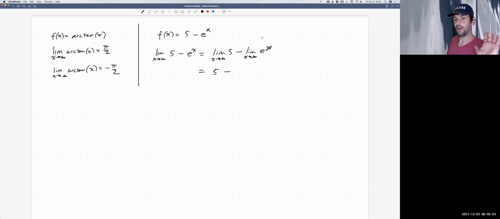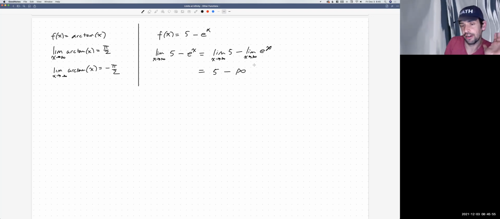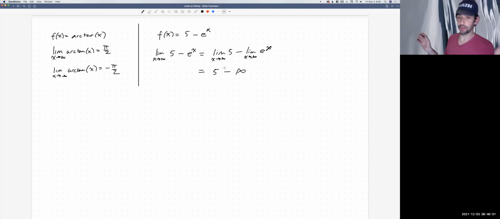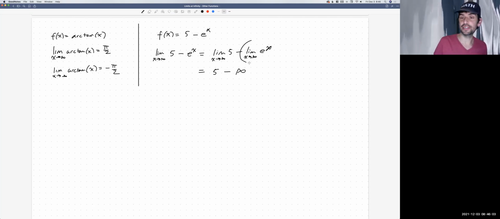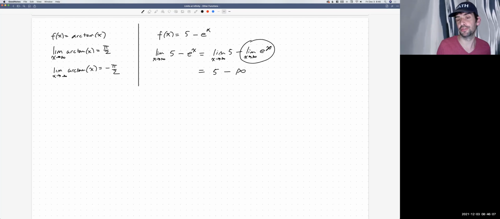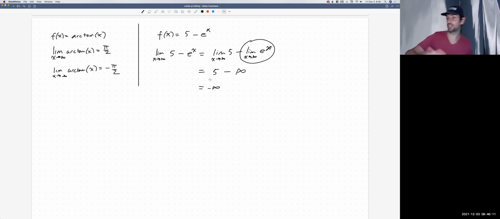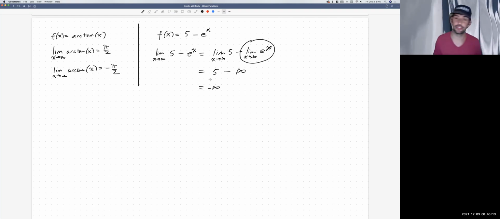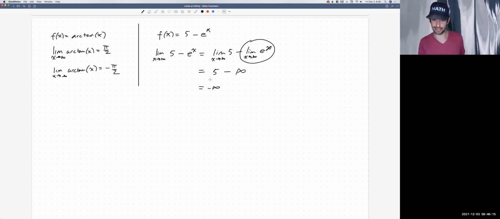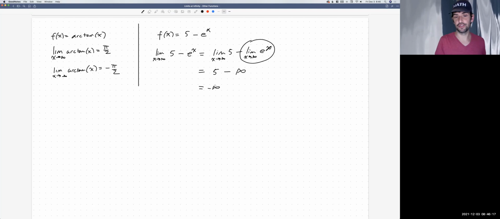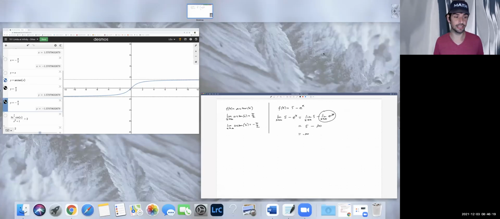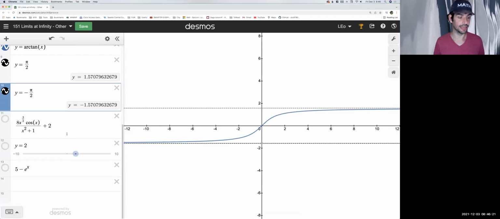What we want to say is this limit is infinity, right? And writing 5 minus infinity is a little bit silly because we're subtracting something that can't be subtracted. But what we're really saying is this thing over here gets incredibly large. If we take away incredibly large numbers from the number 5, we get something that's incredibly large in the negative direction. Again, we're saying the limit doesn't exist, but the values of this function get incredibly, incredibly negative, right?